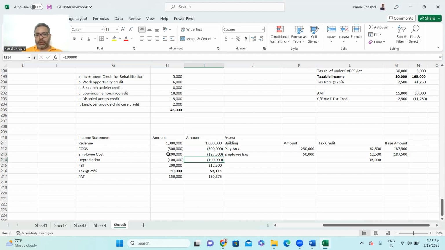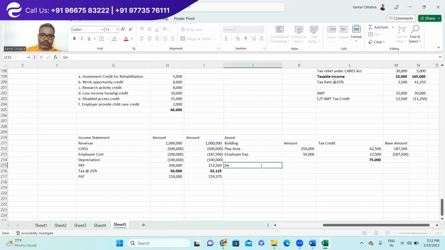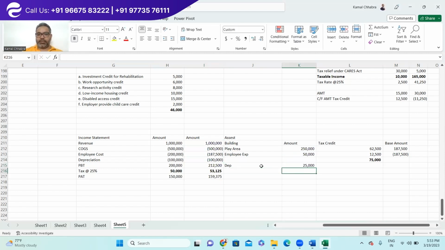And let's assume in this depreciation of $100,000, you have a depreciation of, let's say, $25,000 from this. Let's assume you are taking depreciation over the period of 10 years. This divided by 10. So this has $25,000, whereas it has to be $18,750.